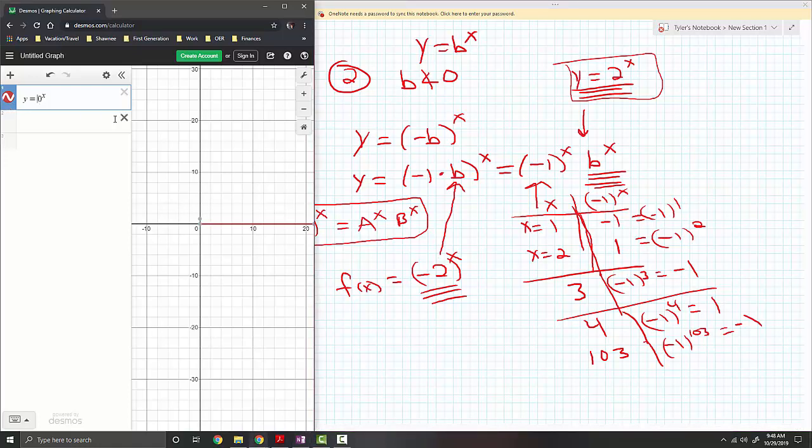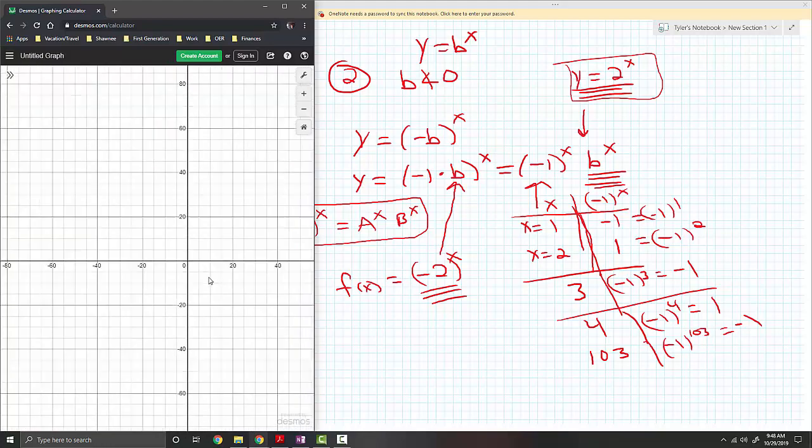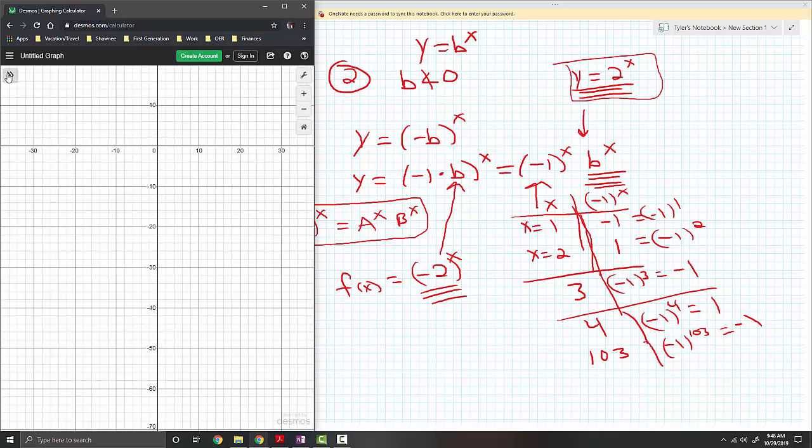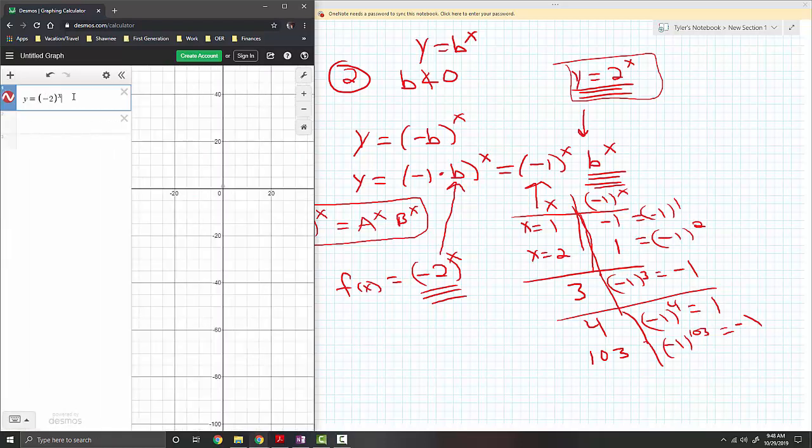So if I do this, I put negative 2 in parentheses, raised to the x power. Let's see what this graph looks like. Hang on, Desmos isn't wanting to graph this.